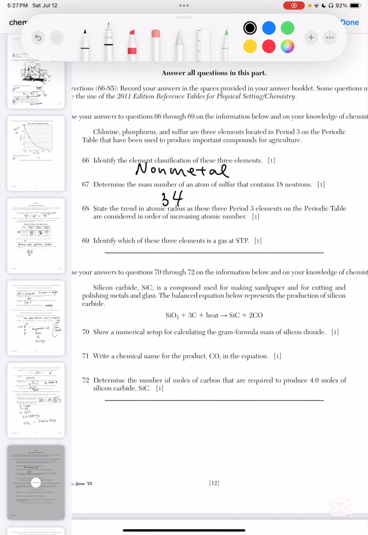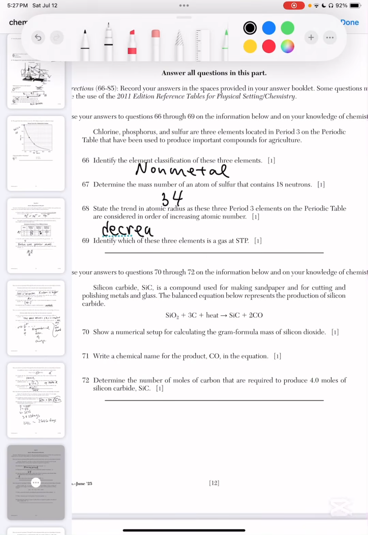State the trend in atomic radius as these three period 3 elements on the periodic table are considered in order of increasing atomic number. They're all in period 3. Perfect. So the atomic radius decreases.